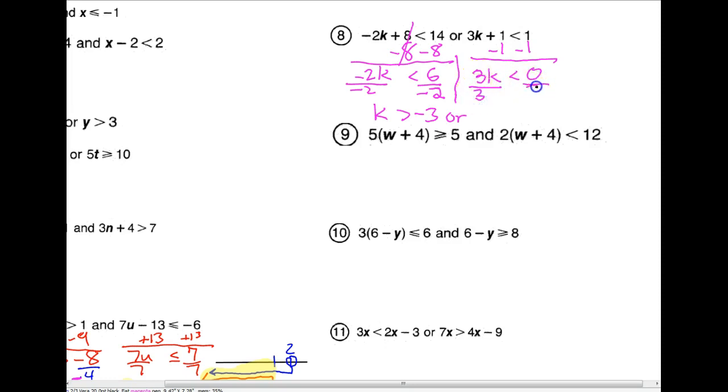Same exact steps. So I don't want you to think because this comes out to be 0 that somehow the problem stops and there's nothing you can do. It's definitely not a no solution. You guys saw a no solution was only when you got something false, like 0 is less than 1. If you have a variable, you have an answer. You'll never jump from something like x is less than this to, oh, no solution.